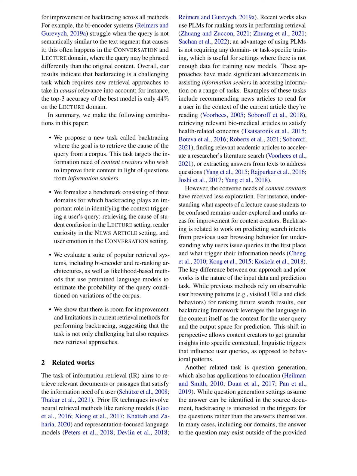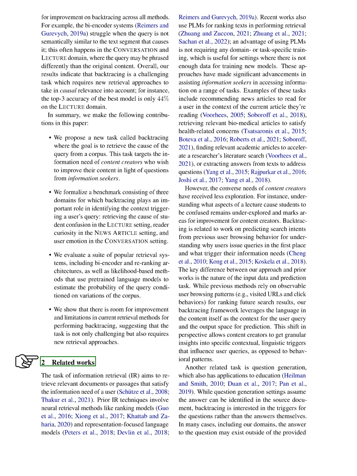We formalize 3 domains where backtracing is crucial: lecture for student confusion, news article for reader curiosity, and conversation for user emotion, evaluating various retrieval systems but highlighting the need for new approaches due to the challenging nature of backtracing. While related works focus on information retrieval for users, our approach targets content creators by pinpointing specific triggers of user queries within the content itself, offering insights distinct from behavioral patterns and question generation tasks.